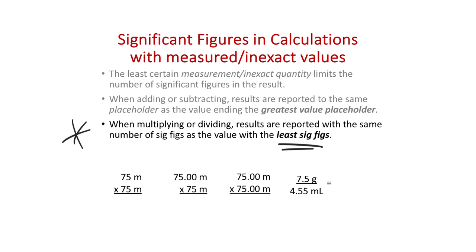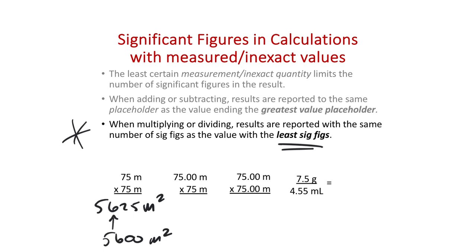When I do 75 times 75 meters, this comes back to the 12 times 12, like inches going to 140, if you recall. We count our sig figs here. When I get 5625 square meters as the simple result on the calculator screen, I need to round this to two significant figures. I need to round this to 5,600 square meters.